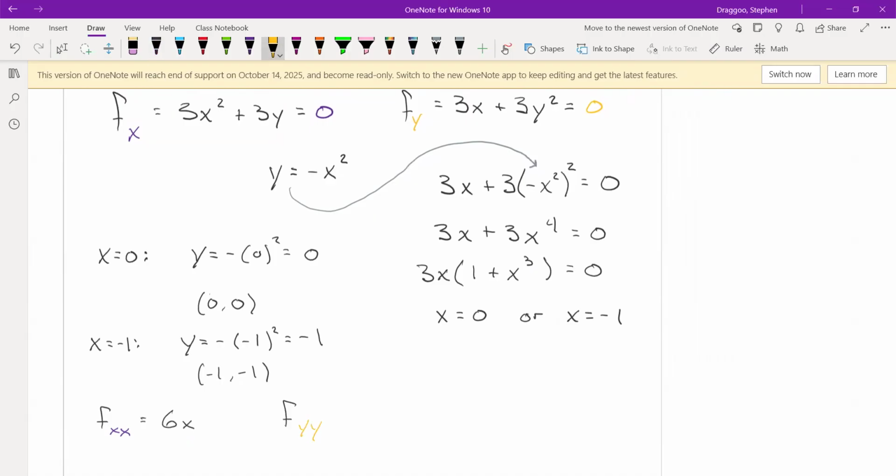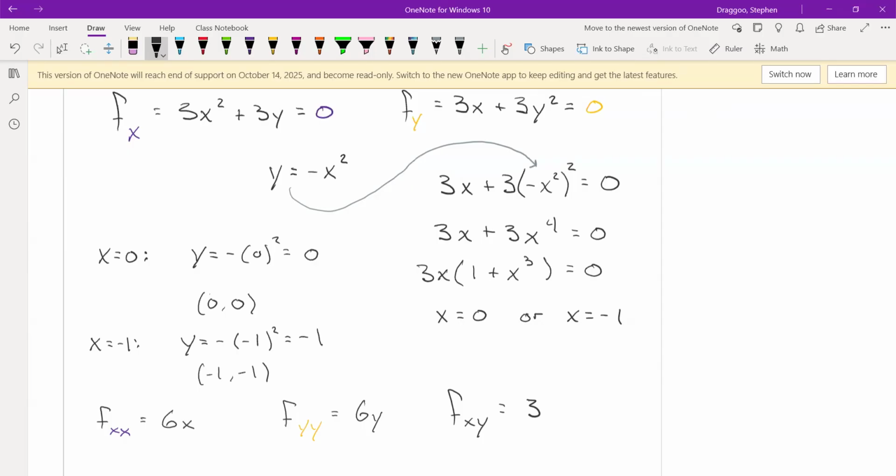Go get the second order double y partial, and take a derivative with respect to y of that equation on the top right, and I get 6y. And then go get the mixed second order partial derivative. Again, I can work from either of my two equations, just take the opposite partial derivative. I get 3 both times.